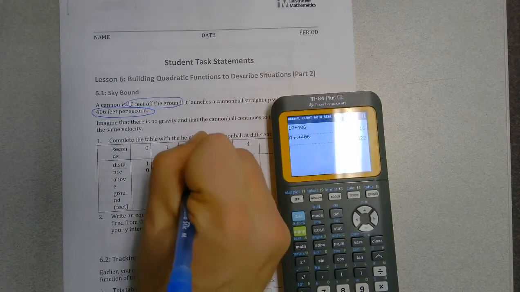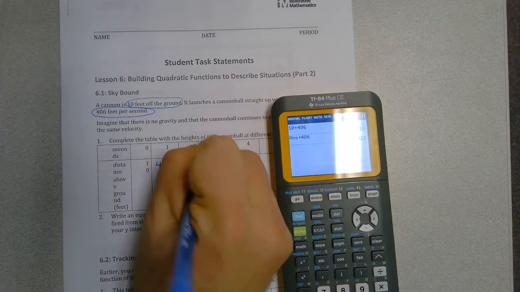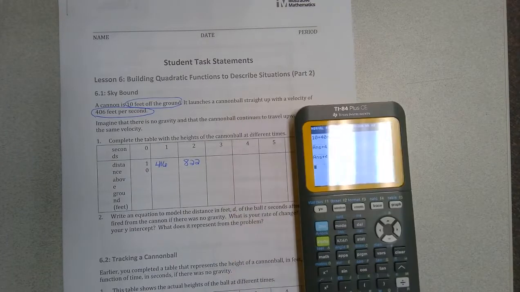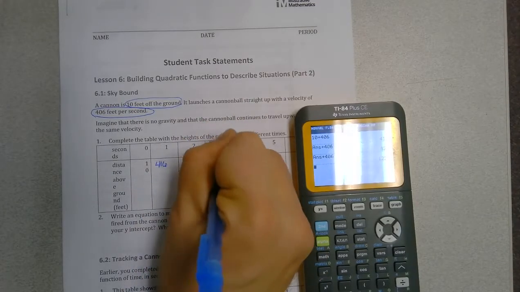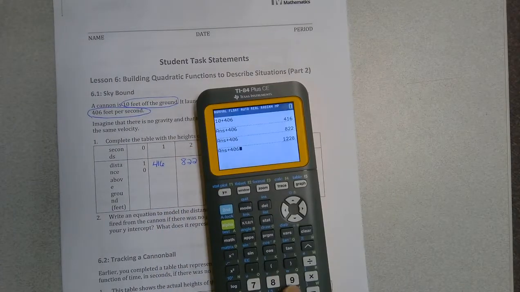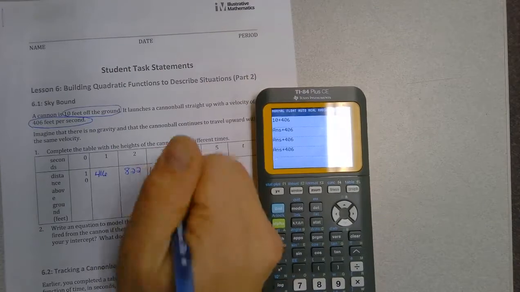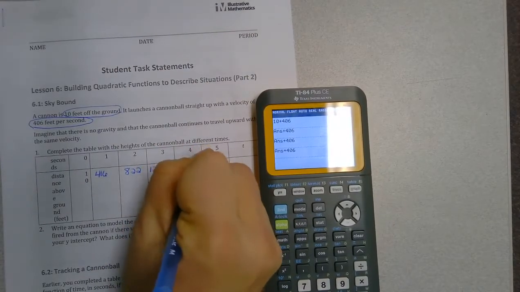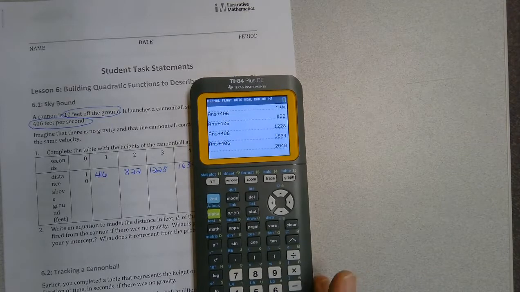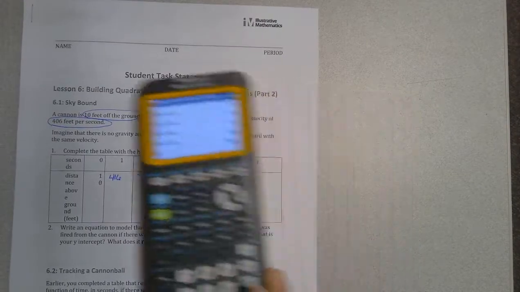After the second, we're at 822 feet. Then I add 406 again, and we're at 1,228 feet. I add 406 again, and we're at 1,634 feet. Adding 406 again, we're at 2,040 feet.